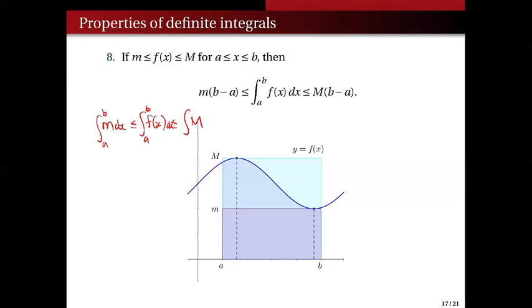The inequality remains the same. But m is constant. Capital M is also constant. And in our formula, if that's constant, it's just M times the length of the interval, which is b minus a. So you have that, and then also in here you have capital M, b minus a. So we are just combining the properties that we know so far.